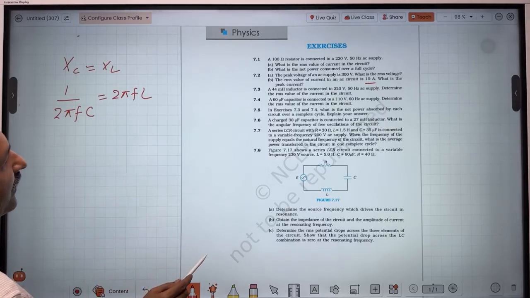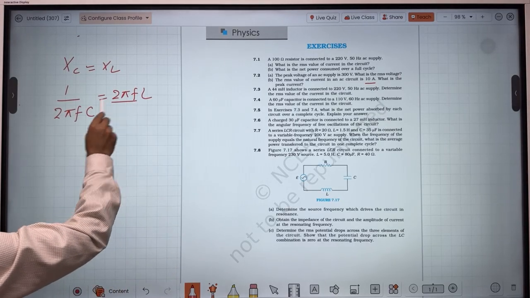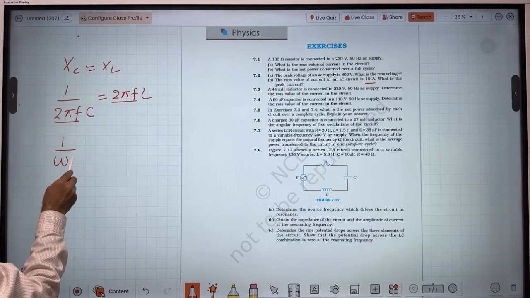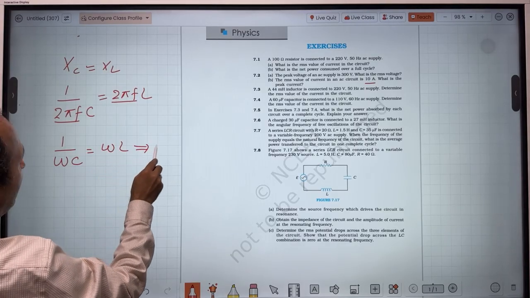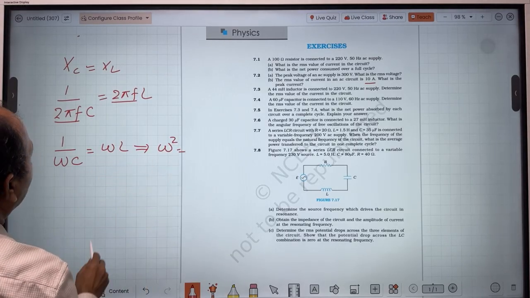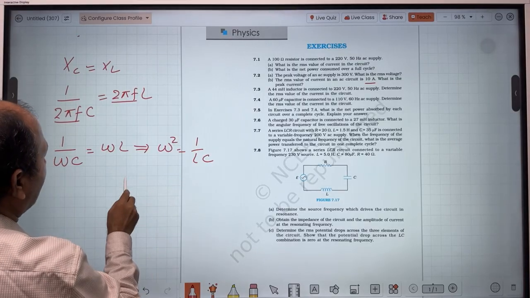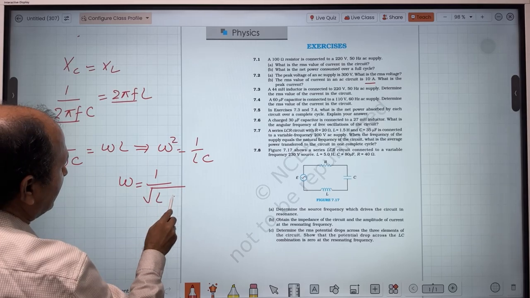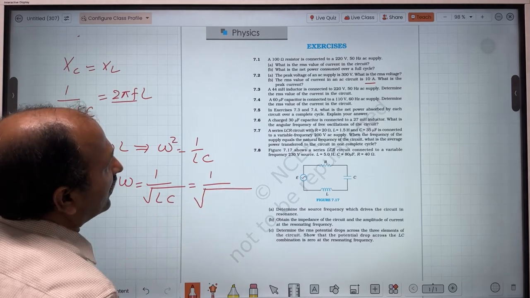From here, if we want to find angular frequency, in place of 2 pi f we can write omega. So we write omega C equal to omega L, which gives omega square equal to 1 upon LC, or omega equal to 1 upon root LC.